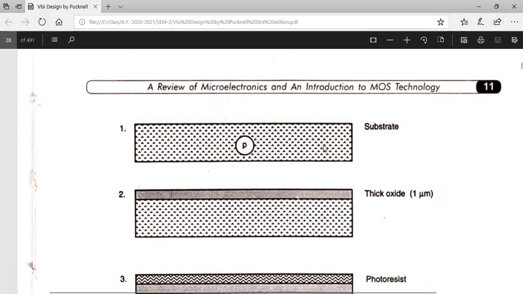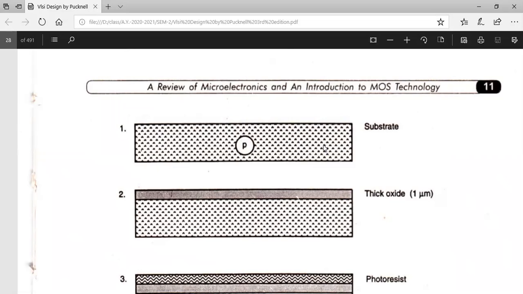So in the NMOS fabrication process, we start first with a thin wafer which is cut from a single crystal of silicon of high purity.